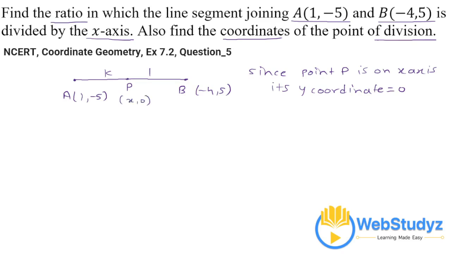Now in order to find the ratio in which point P divides the line segment AB, we will use the section formula.